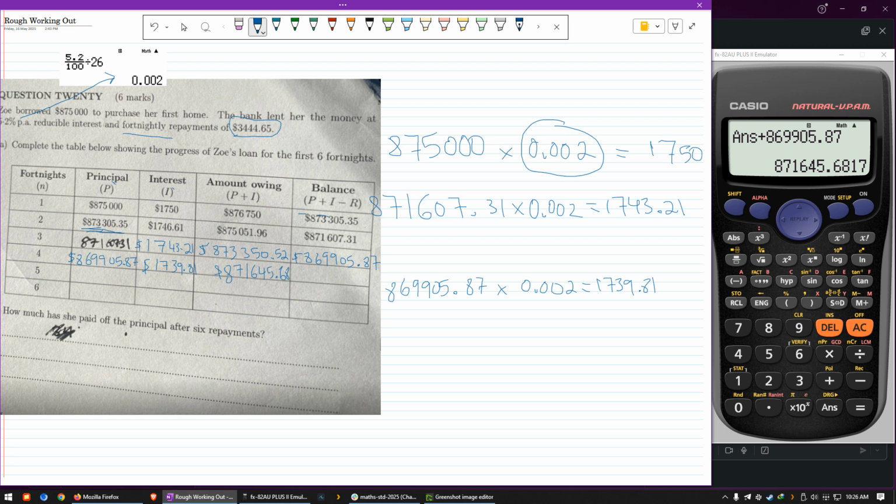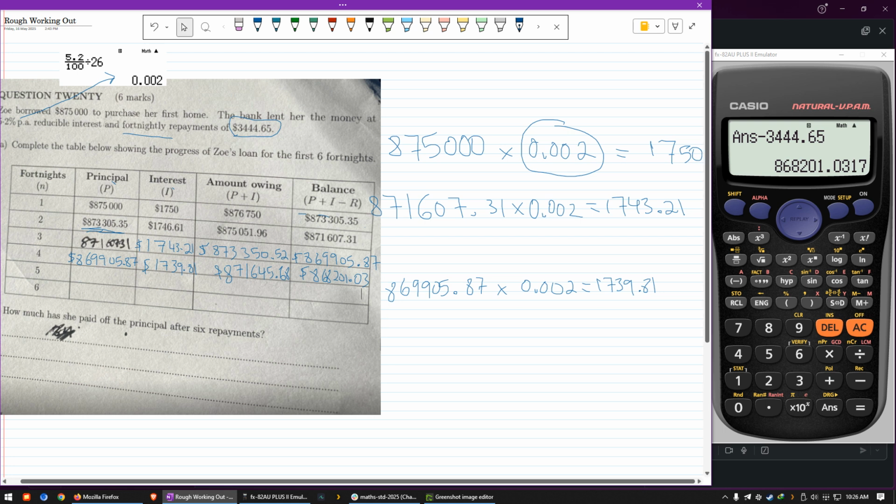And obviously we'll make our repayment, so minus 3444.65. So the amount owing at the end of the fourth fortnight is going to be 868,201.03. And that's going to be the same as the amount owing at the start of the fifth fortnight, and so on and so forth.